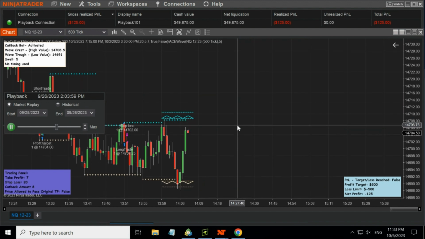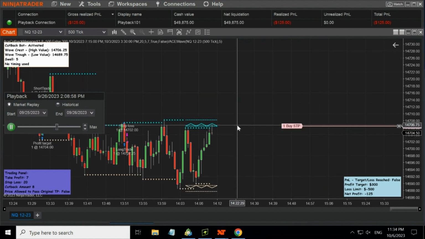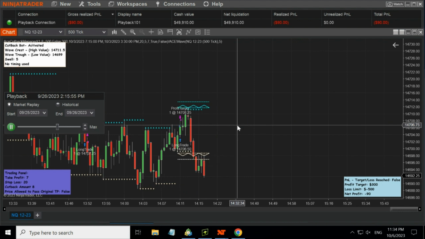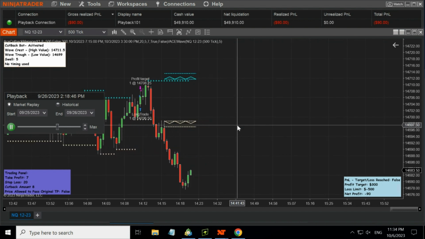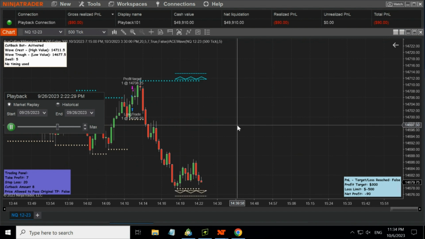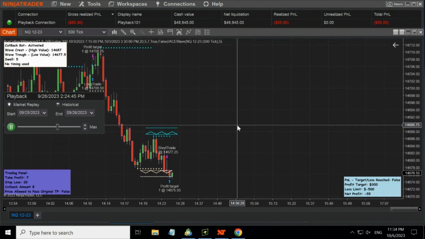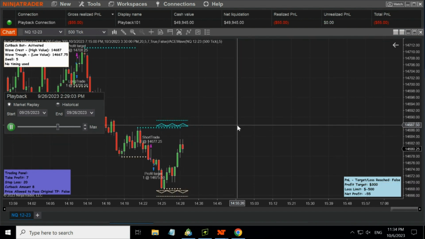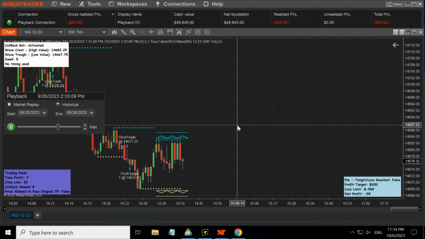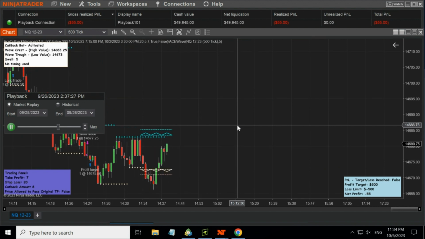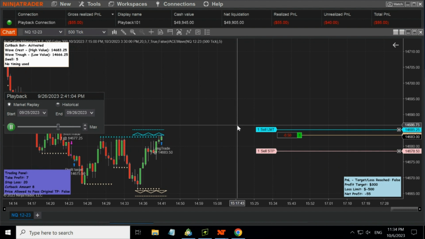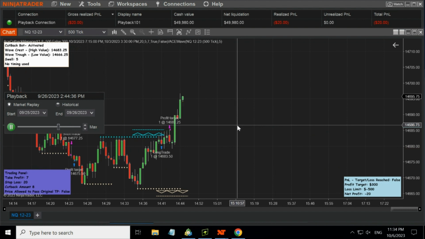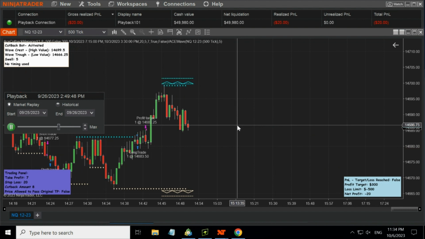If I'd only had the one loss, I'd still be in the green. Okay, so I've made back nearly that loss. I'm down $90. Some slippage. Still down 20. It's nearly getting closer to the end of the day.